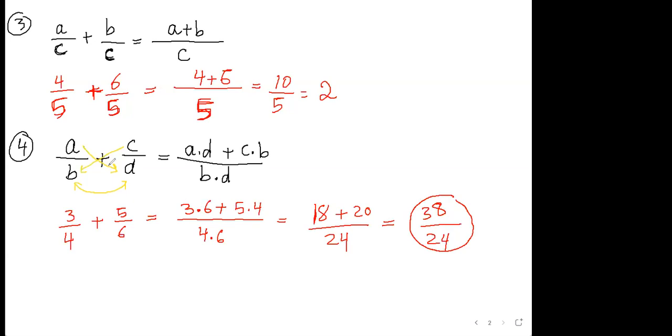So here, look, B and D are not the same. B is not equal to D. Very important. Here they have the same numerator.